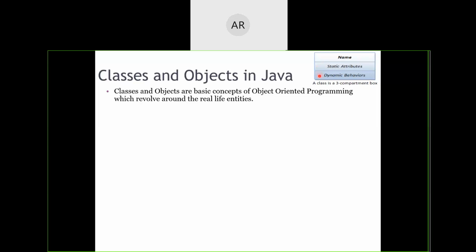Similarly, based on what type of activity those things are going to perform, while performing the activities, these attributes will be used. So those functionalities or behaviors or properties are the third part of your class. So every class will contain three things. First one is the name, second one is the static attributes, and third one is the dynamic behaviors.